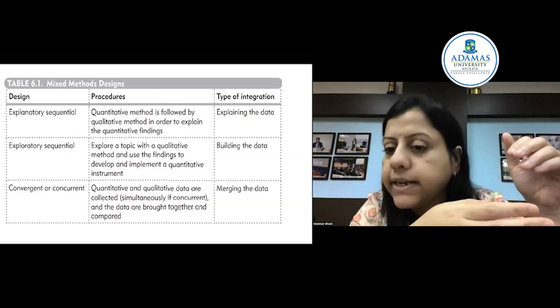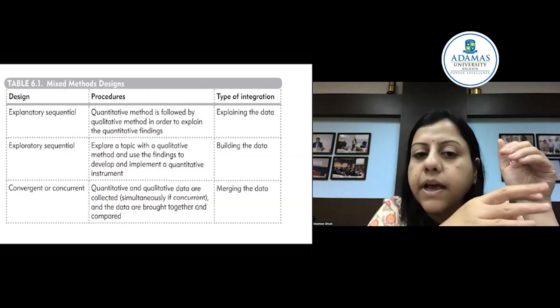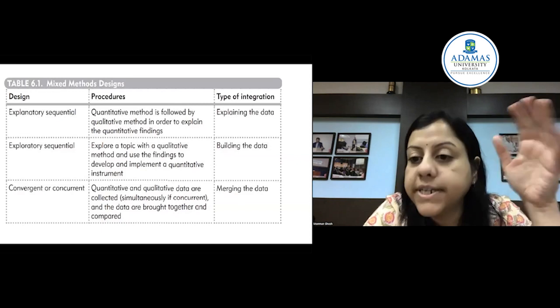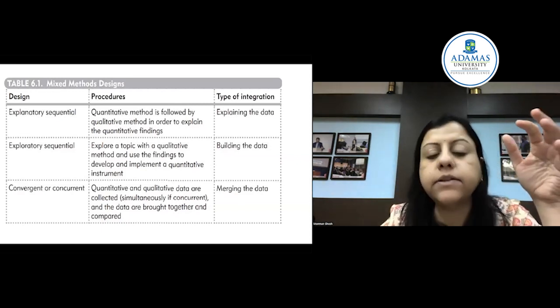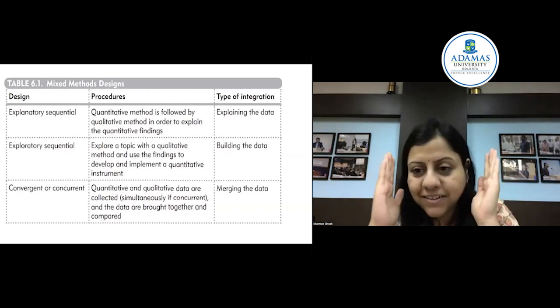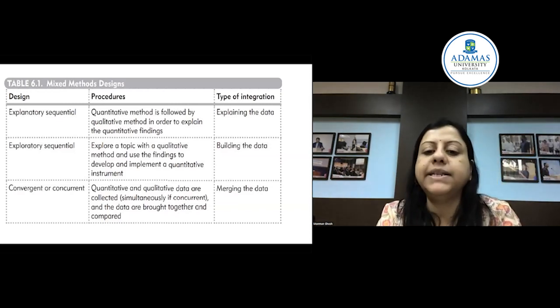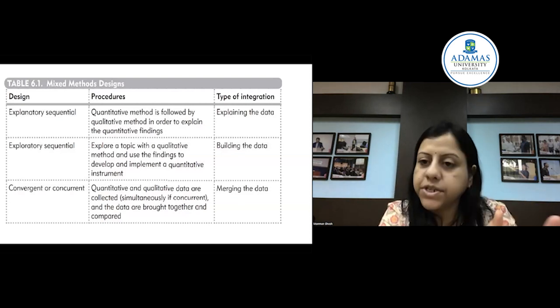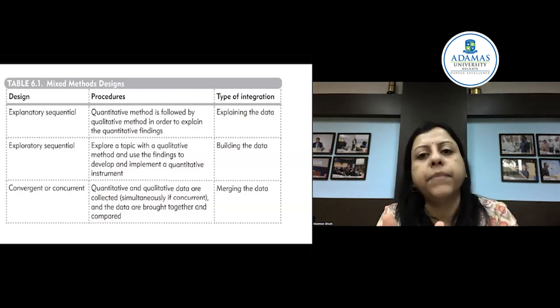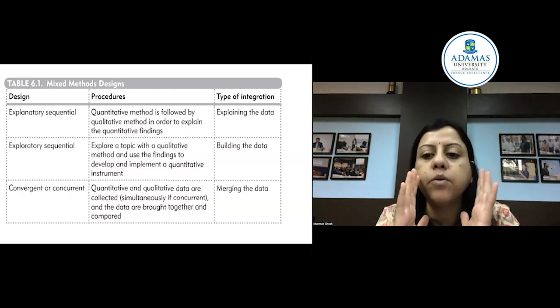For explanatory, we have seen that we do quantitative in the first phase, followed by qualitative. But in concurrent or convergent, both are done together. So simultaneously, the data will be collected through survey as well as from your interviews.